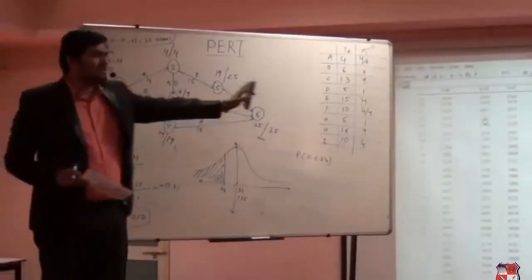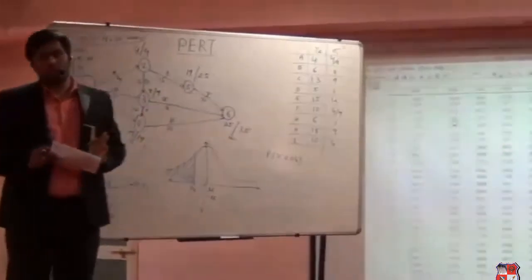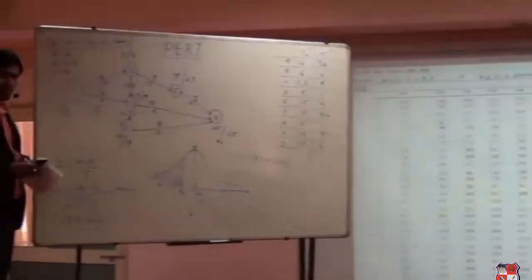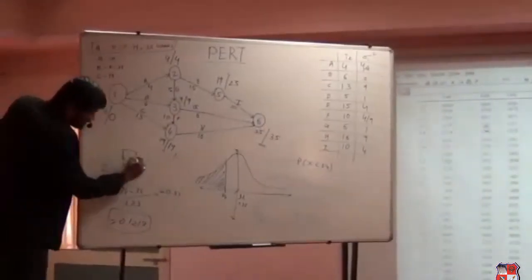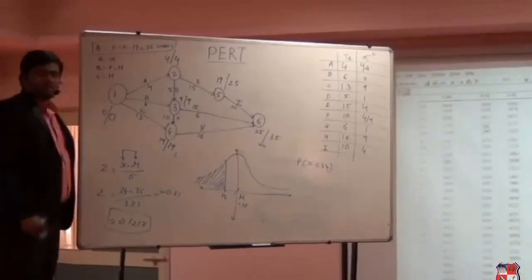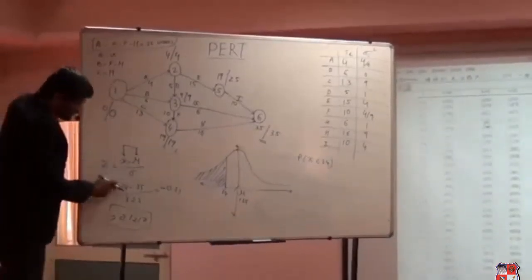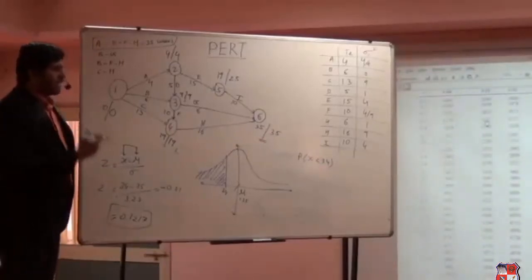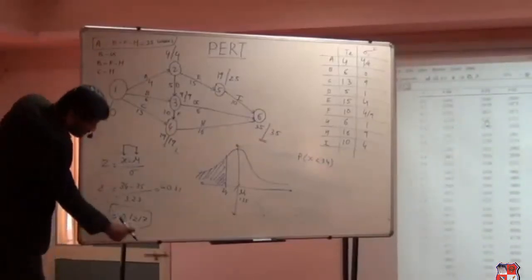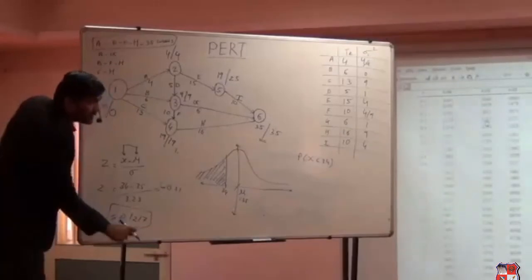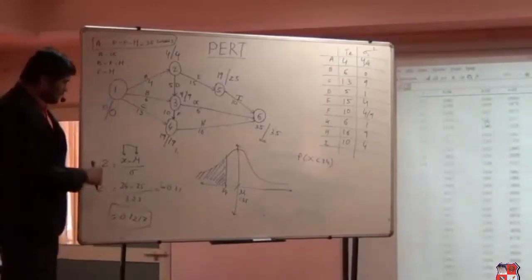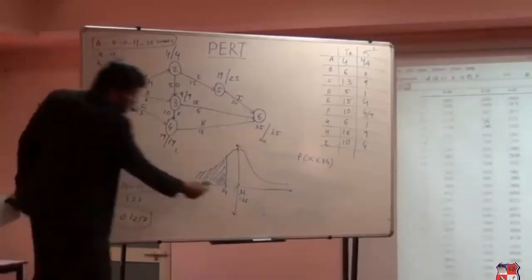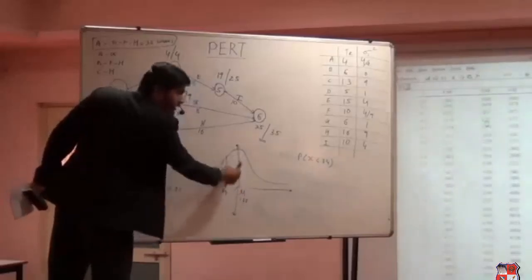This table will give the values, and that value will always be between x and mu. I repeat, that value will always be between x and mu. So the area that we have derived, 0.1217, is the area between 34 and 35. So this will be the answer over here.